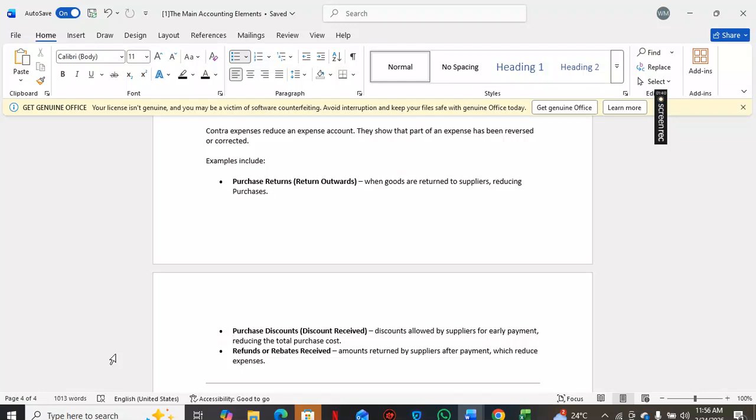So you can take it in two ways. You can take it as a saving, because since you've paid less, it means you have saved an amount of money, so you can take it as income. Or the other way, you can take it as a contra expense. You can say that it reduces your purchases expense.